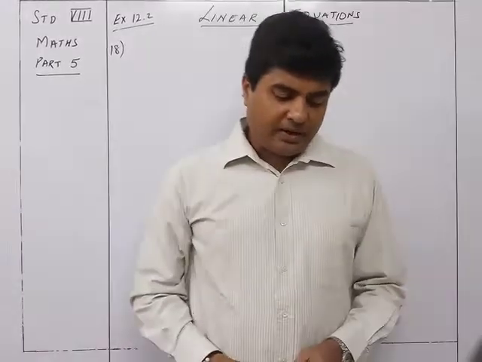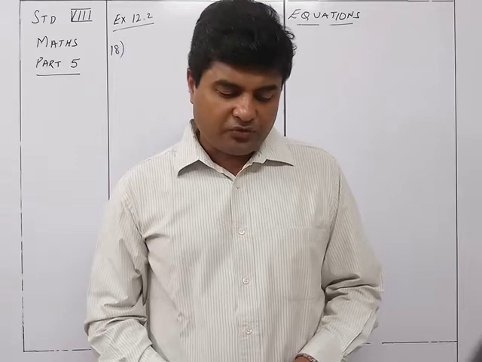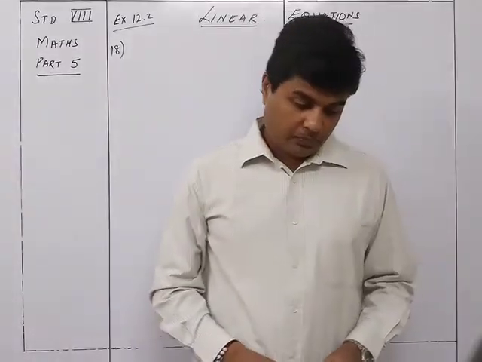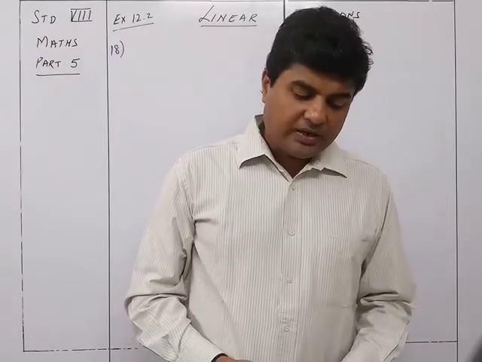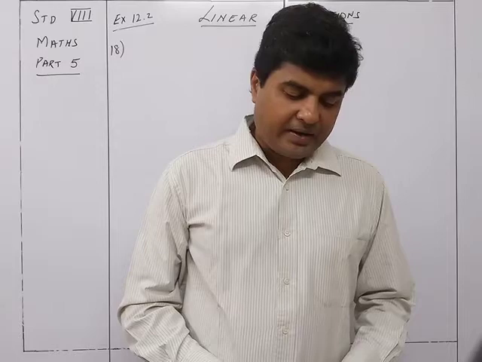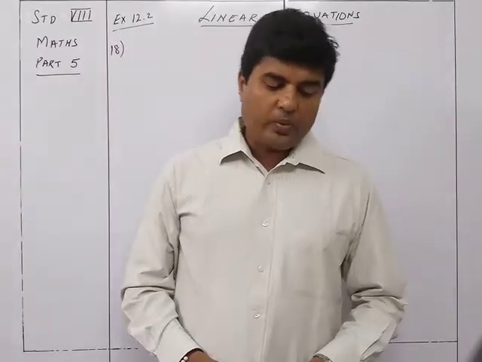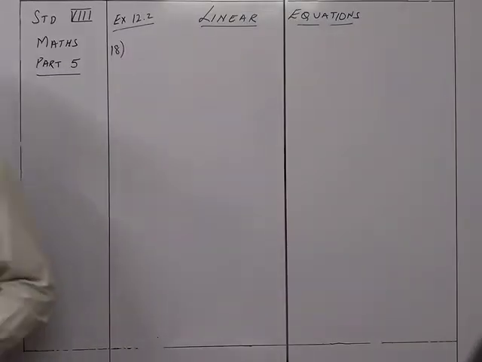On a school picnic, a group of students agree to pay equally for the use of a full boat and pay rupees 10 each. If there had been three more students in the group, each would have paid rupees 2 less. How many students were there in the group? So, this is the question.